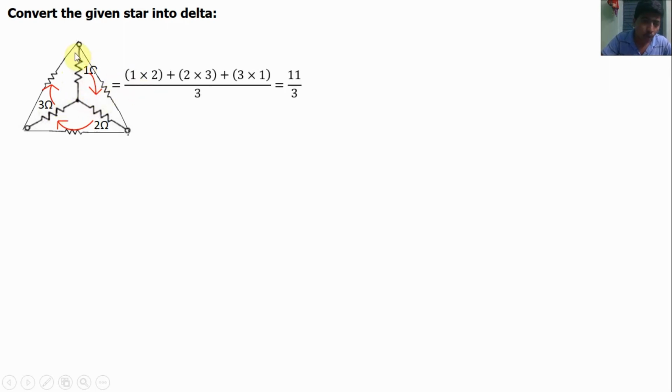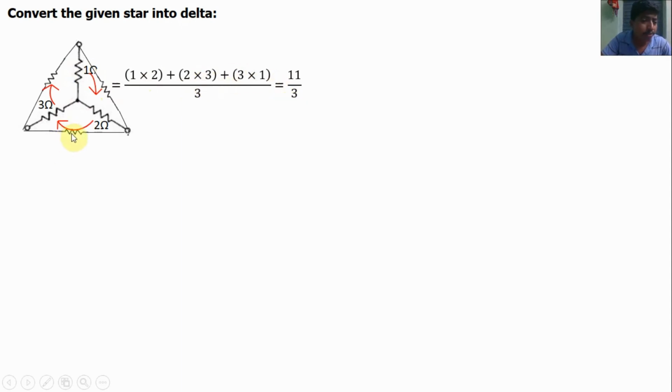So 1 into 2, plus 2 into 3, plus 3 into 1, divided by the opposite resistance 3. The answer is 2 plus 6 plus 3, 11, by 3.